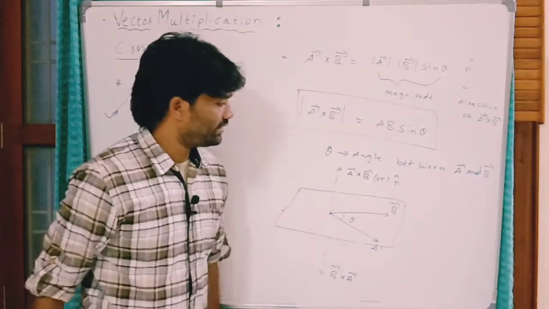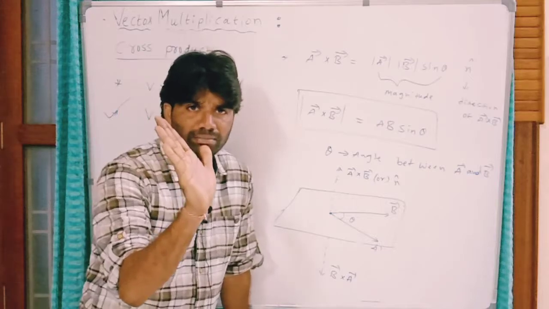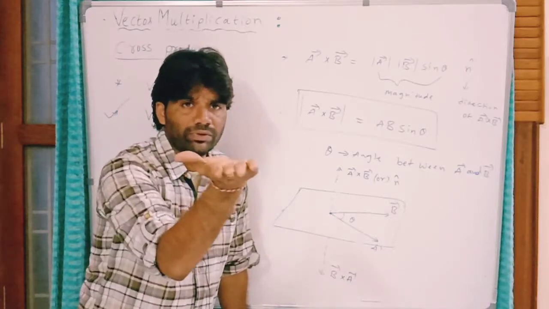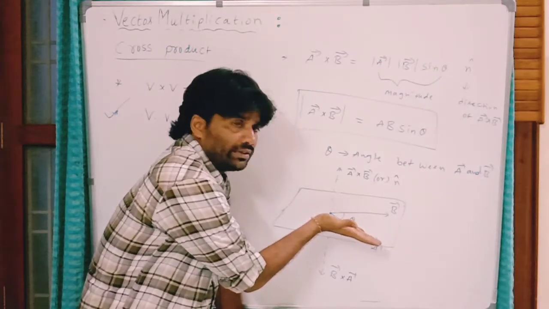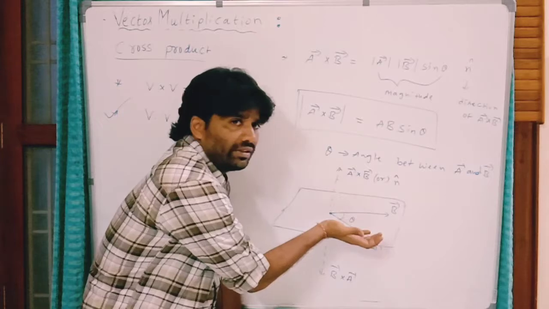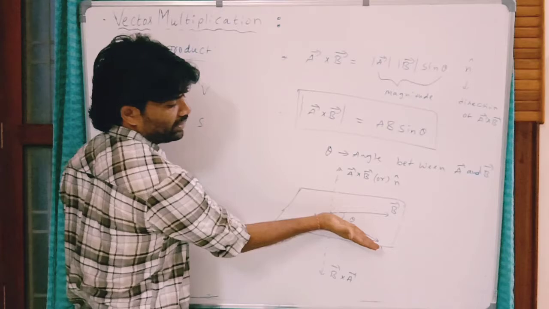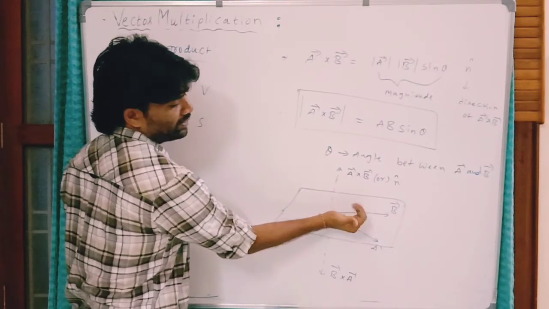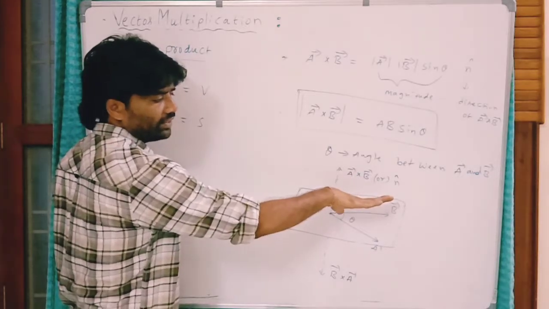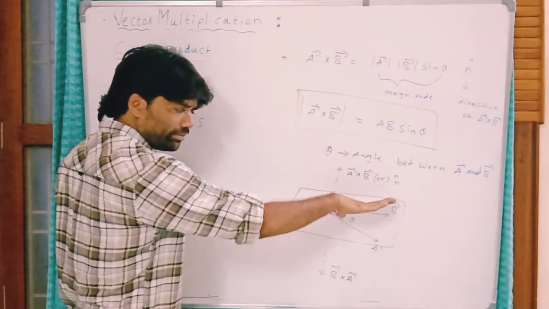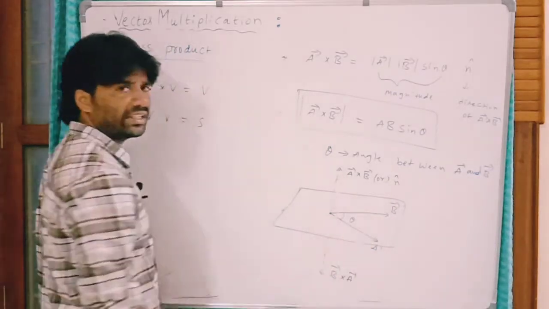So you can see here how to find the direction of A cross B by using the right hand thumb rule. We should keep these right hand four fingers first along the direction of the first vector, and close them towards the second vector. Then the thumb gives the direction of A cross B. For B cross A, first keep these four fingers along the direction of B vector, close them towards the second vector A. Then this direction into the board gives B cross A. Right?